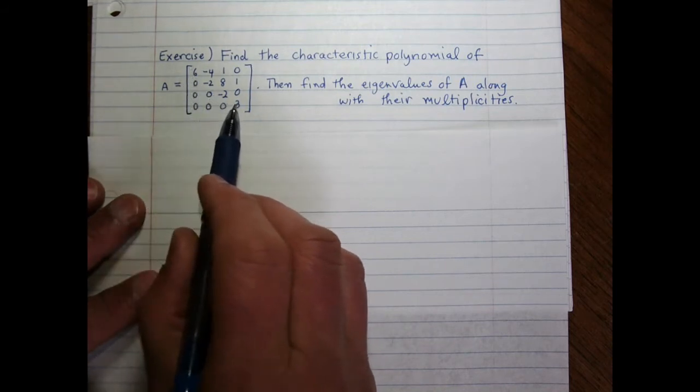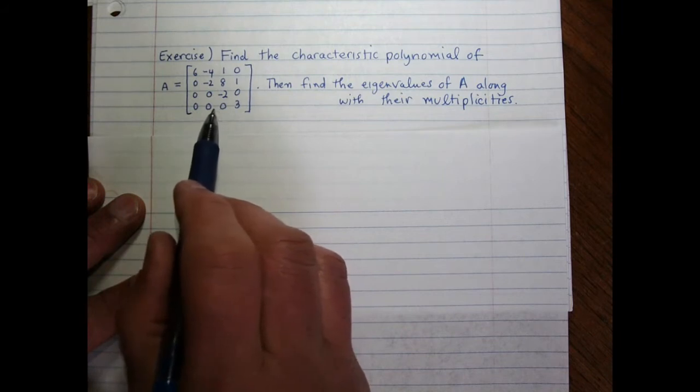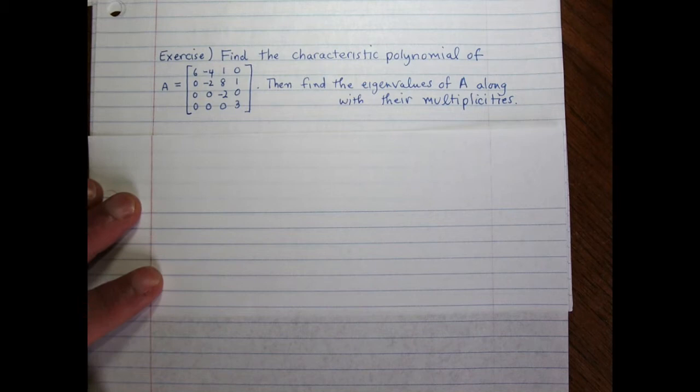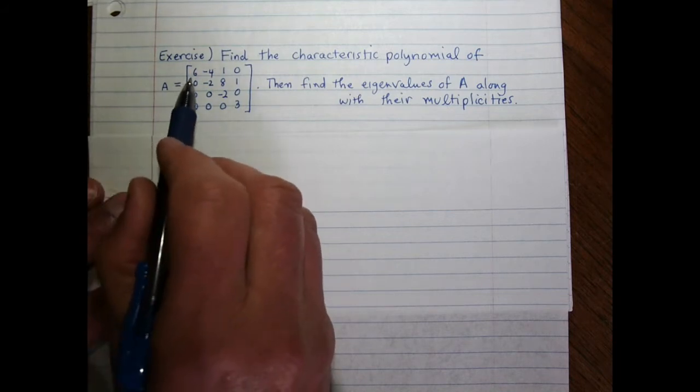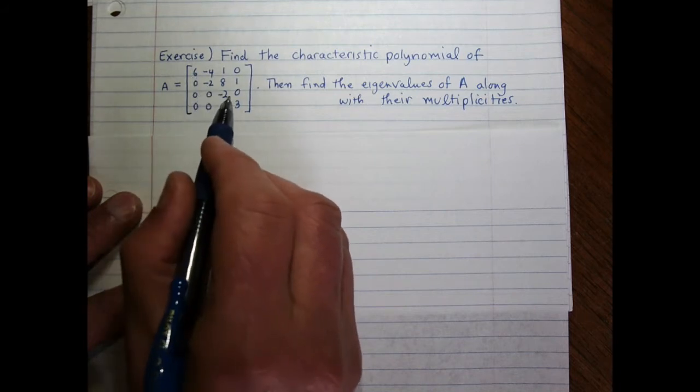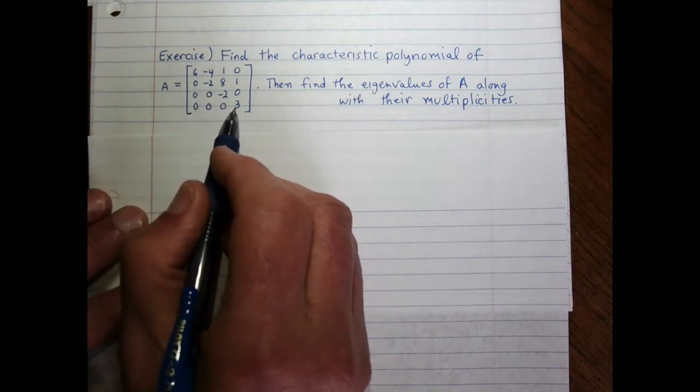Below the main diagonal, we have all zeros. And in the previous section, we saw that a triangular matrix will always have its eigenvalues along the main diagonal. So we actually know what the eigenvalues are here. The eigenvalues are 6, -2, -2, and 3.